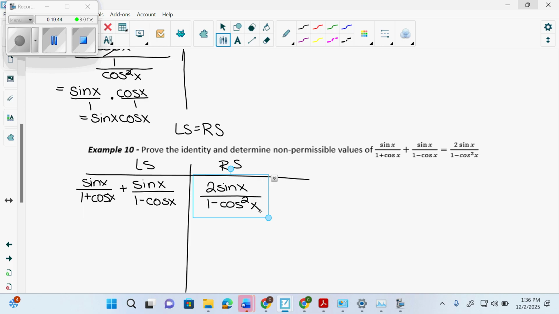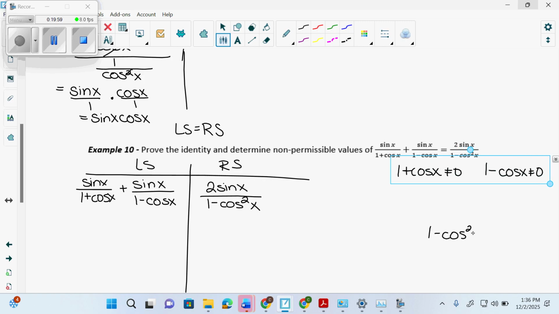All right. So I need to go 1 plus cos x can't equal 0. 1 minus cos x can't equal 0. And some people don't realize that that's actually the same as 1 minus cos squared x, so they'll also set this one not equal to 0. Let's solve them. So this one's going to be cos x can't equal -1. This one's going to be cos x can't equal 1. This one I'm going to add my cos squared over, so 1 equals cos squared x.